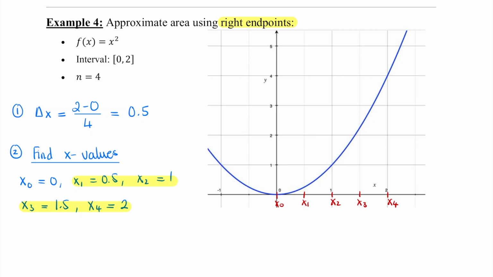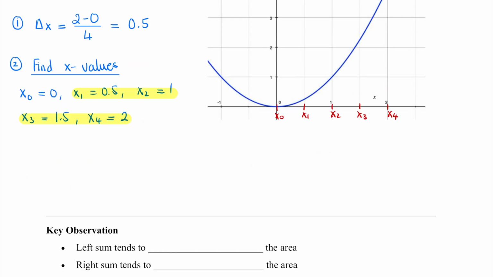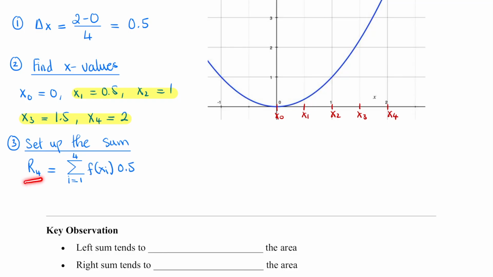Next, set up the sum. So I have r sub 4 equals the sum from i equals 1 to 4 of f of xi times 0.5. Now, we are going to expand this.